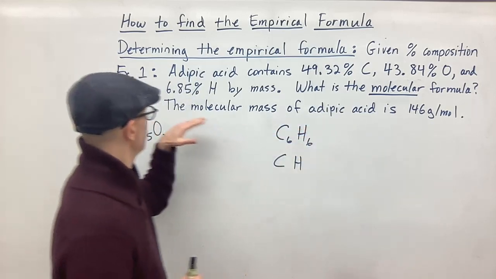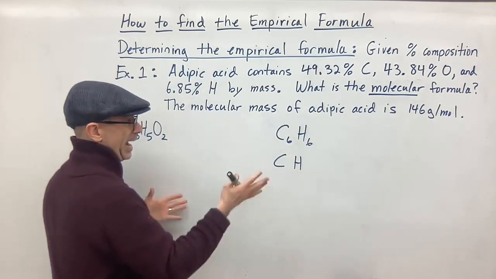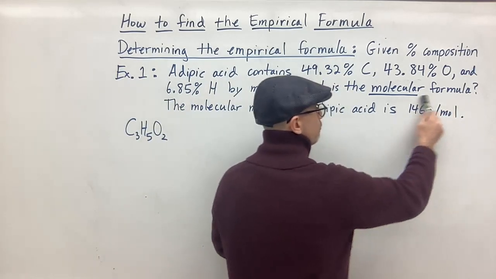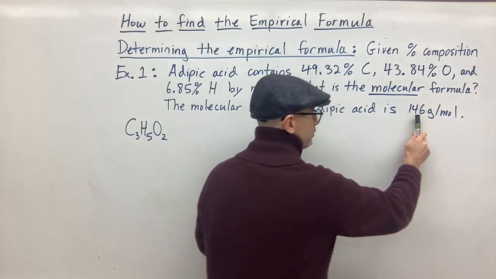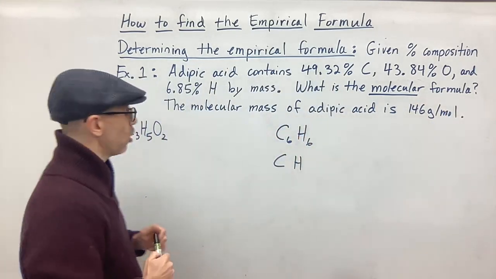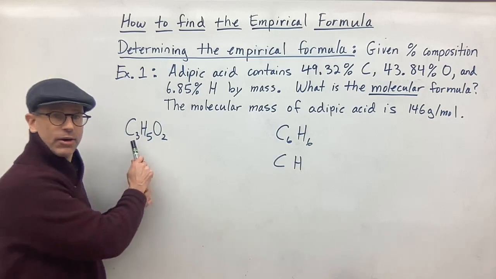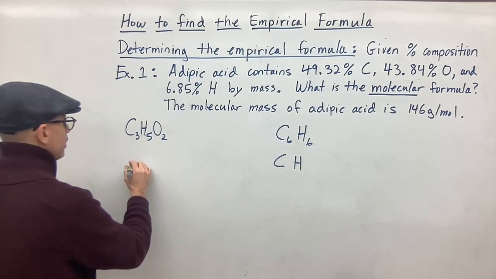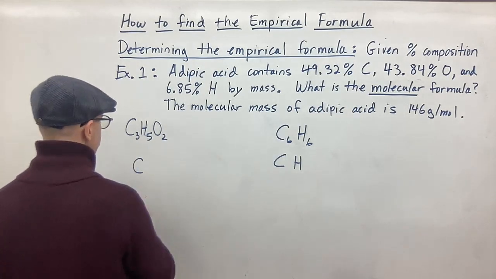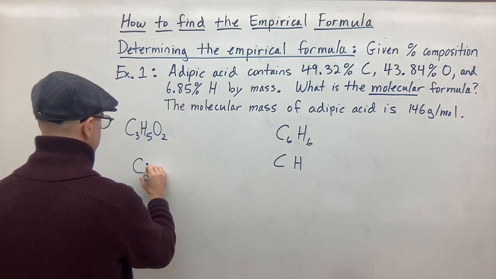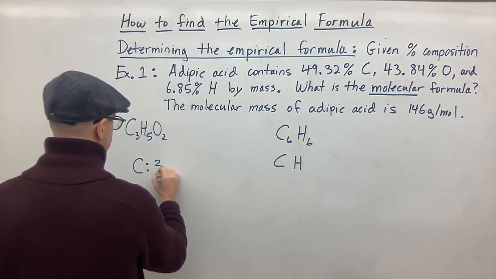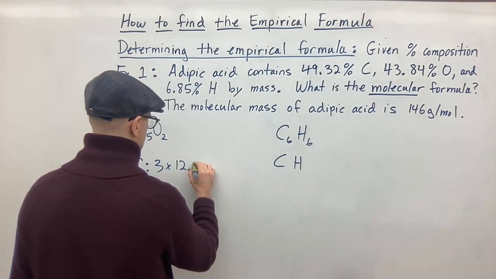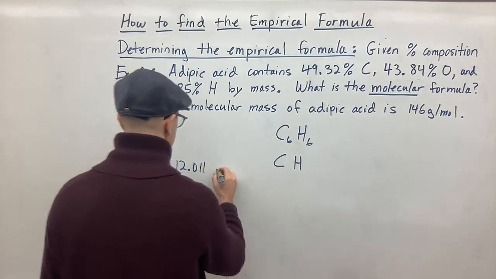And that's what we're given here. We're given the molecular mass of the actual substance is 146 grams per mole. So this is the formula mass, the molecular mass of the actual formula. All we need to do now is calculate the formula mass of our empirical formula. So let's do that. For carbon, we have 3 carbons, so we're going to multiply that by 12.011.